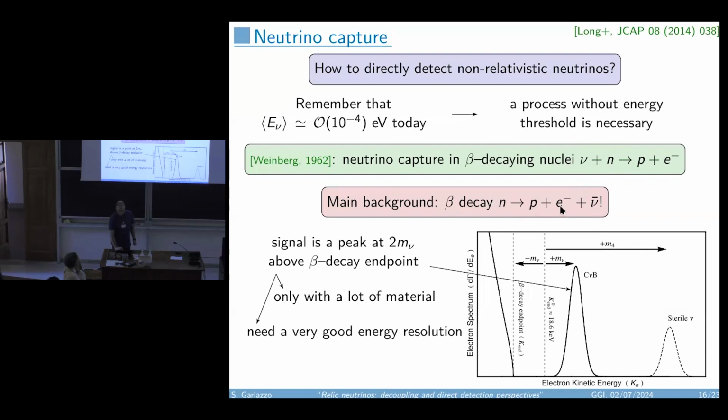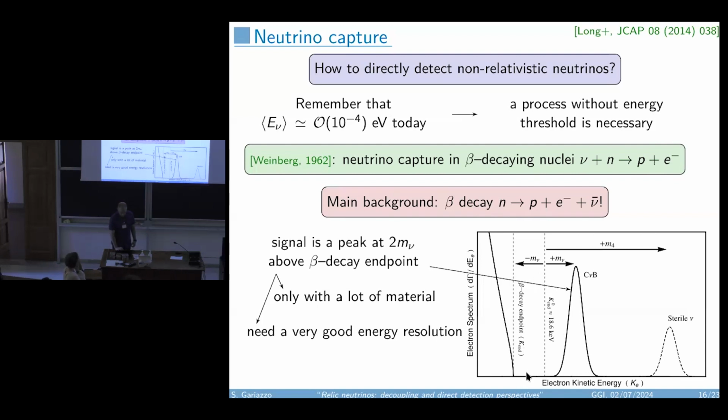Instead of having the spectrum we typically have for beta decay, which is this one, which ends at some endpoint K, in this case we will have a small peak of events after the beta decay endpoint, because the energy of the neutrino triggers the emission of the electron, and it's not that the electron and the antineutrino split the energy between themselves. So it's actually possible to try to measure the presence of a small peak at the end of the beta decay spectrum.